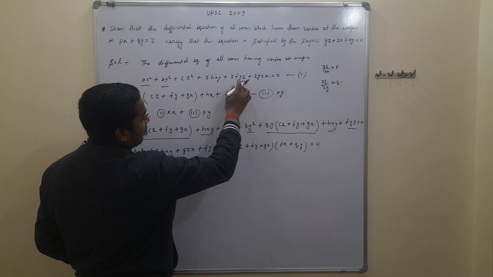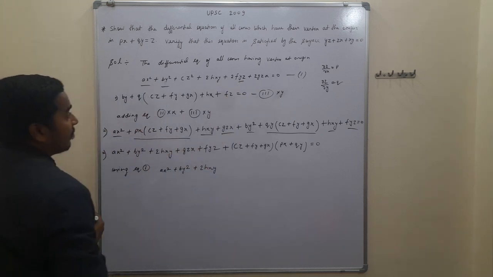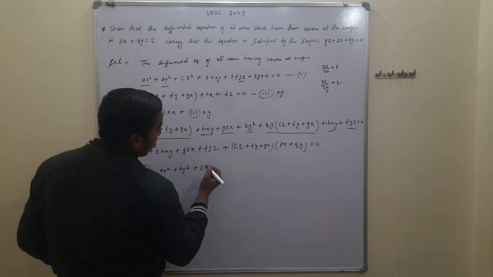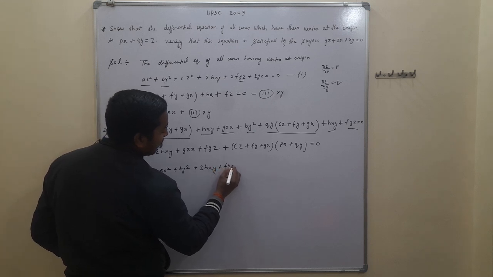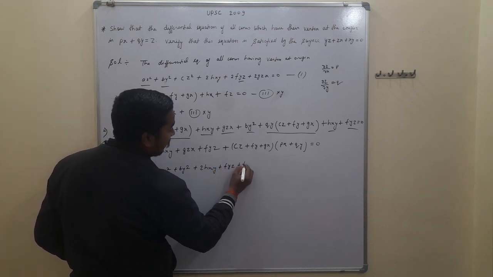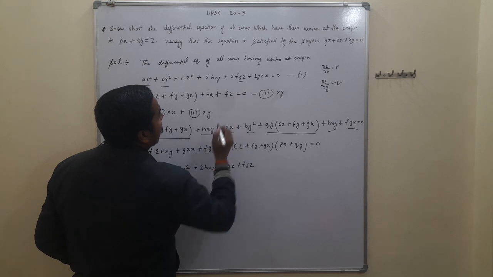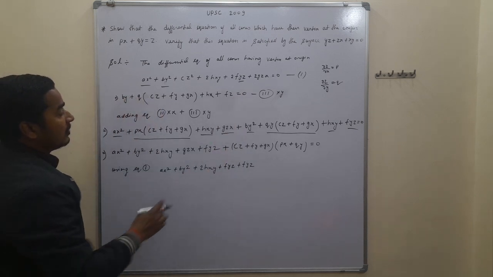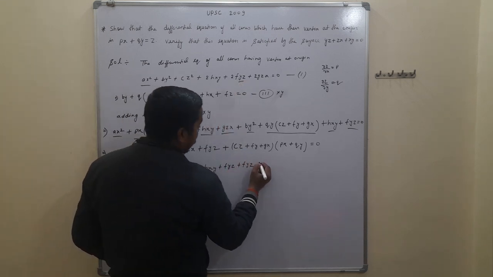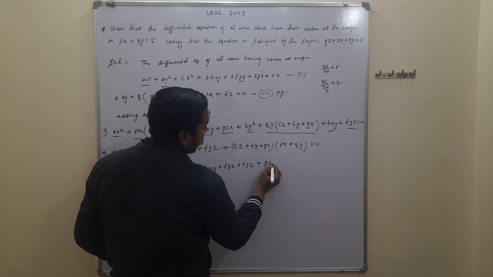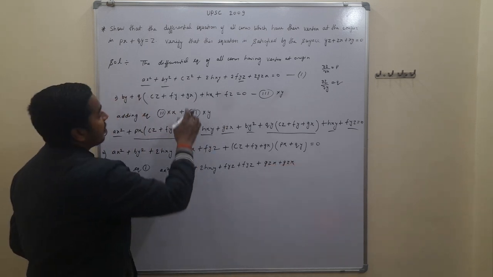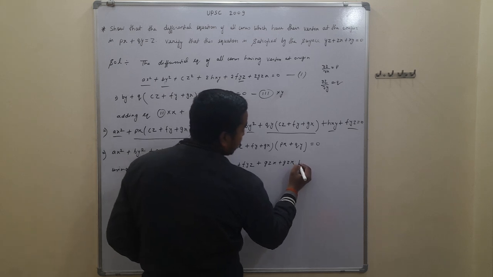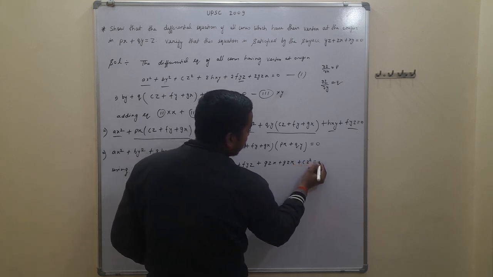We can break fyz in two terms: we write plus fyz and plus fyz, and further 2gzx is written as gzx plus gzx, and here plus cz² is equal to 0.